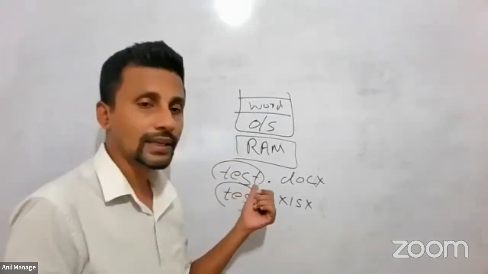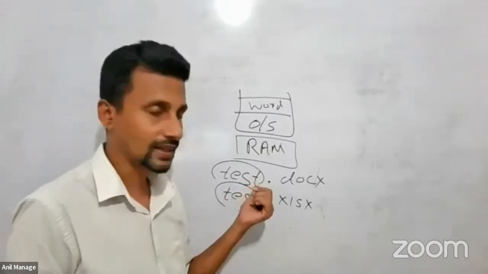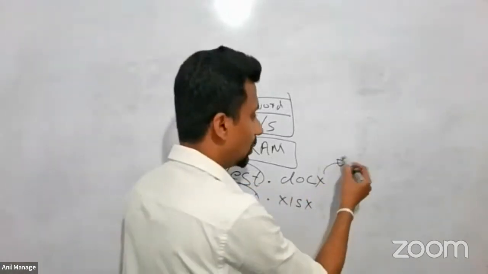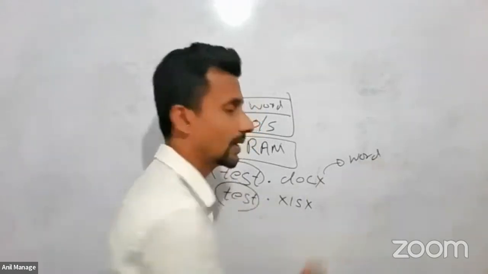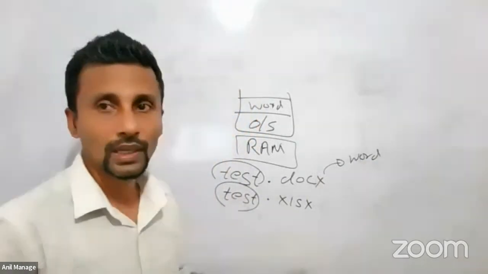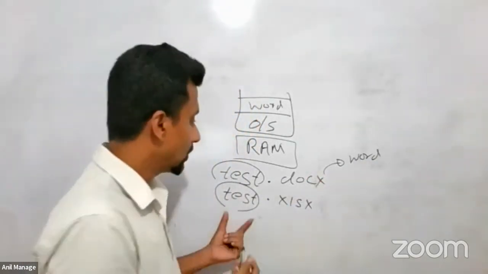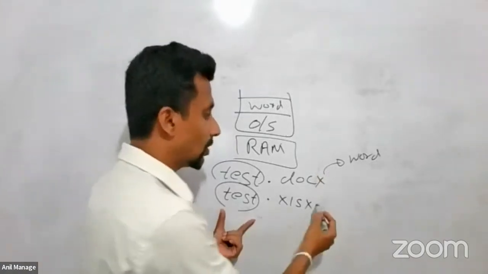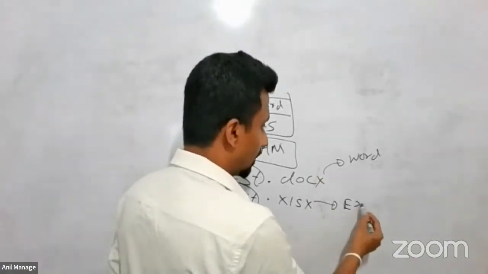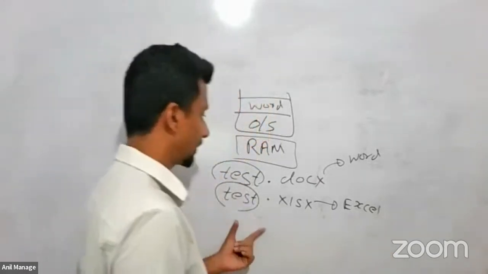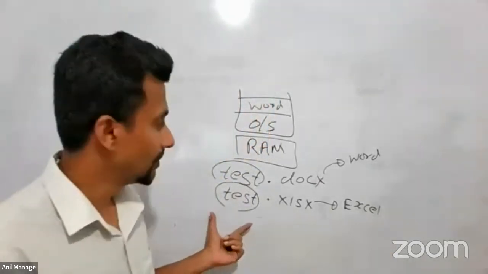But when you double click on test.docx, it will open with Microsoft Word. When you double click on the other one, it will open with Excel. So how did that happen, even though we have given the same name?